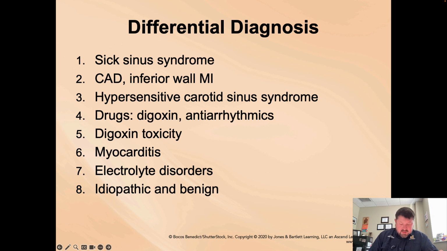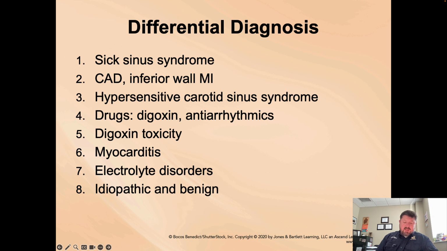So there's several things that can cause it. Sick sinus syndrome is one. It's not all inclusive on this list, but it does list a couple. Sick sinus syndrome is a series of arrhythmias that are frequently seen in patients with diseased SA nodes. It can result in severe bradycardias, marked sinus arrhythmias, sinus blocks, sinus pauses, and sinus arrest.